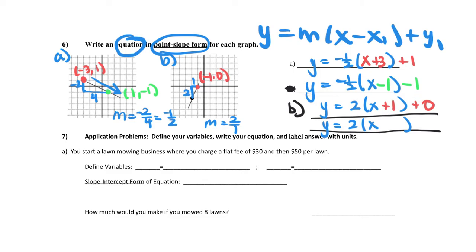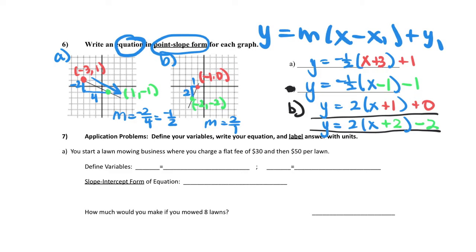If I use the other point that is a dot written out right here, that is -2, -2. And if I'm putting that in, I'm going to have y equals 2 times the quantity x plus 2, and then -2 on the outside. Again, we should have this being the opposite sign here and this being the same sign.